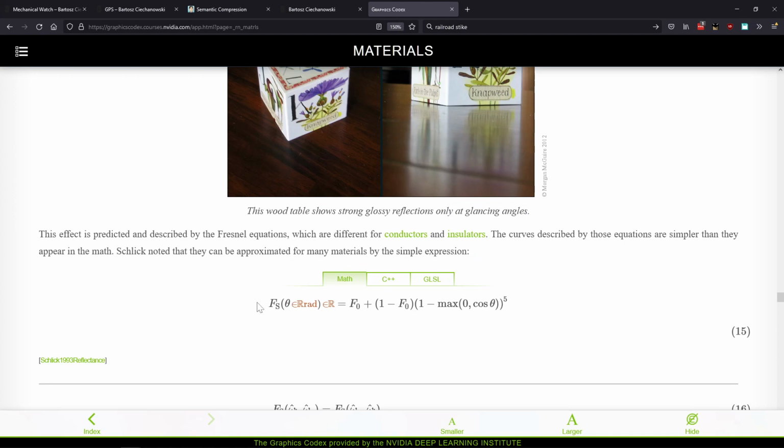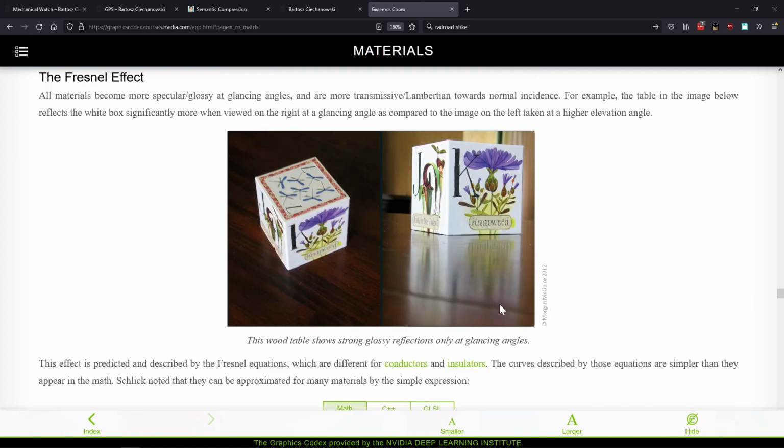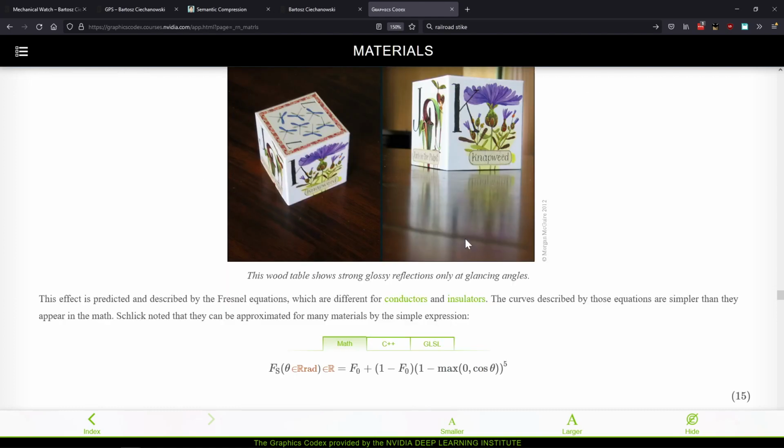Ah, so instead of getting the actual equations for Fresnel, which differ based on whether it's a conductor or an insulator, the Fresnel effect is where at strong glancing angles, the reflectivity increases, depending on whether it's a glossy specular surface.